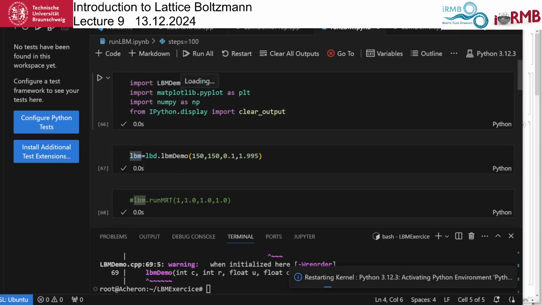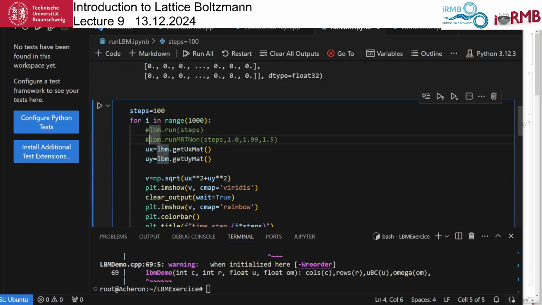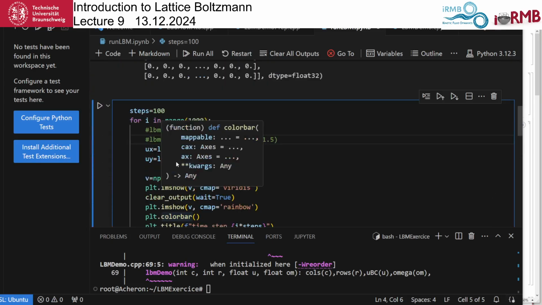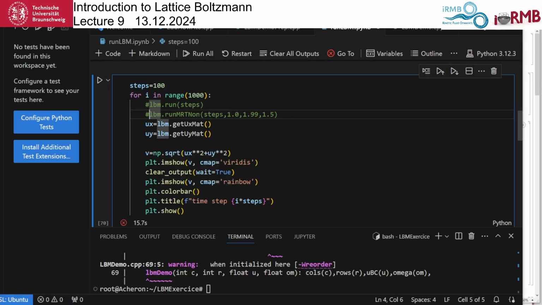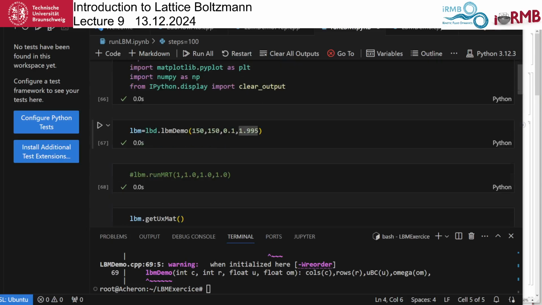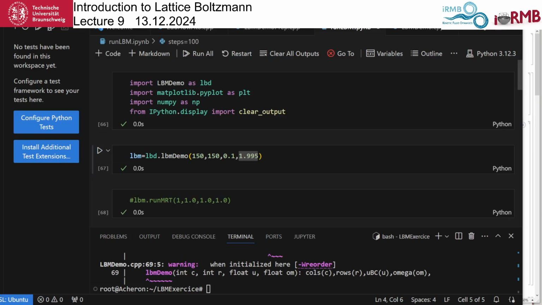This was our Python file from last time. I saved it into LBM demo again, and I already played around with this thing here. Let's remind ourselves what values I used here.